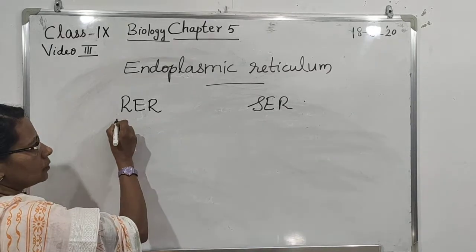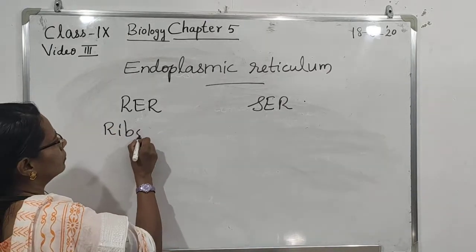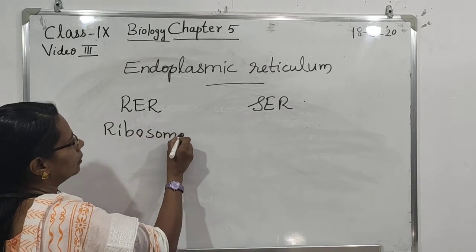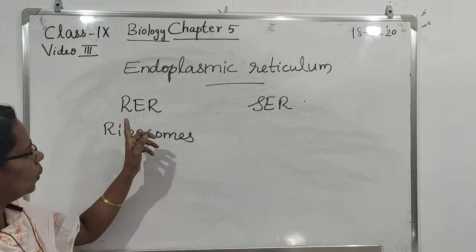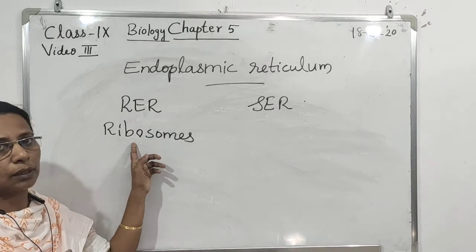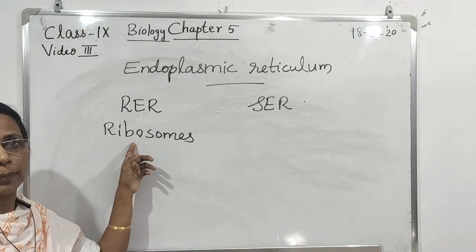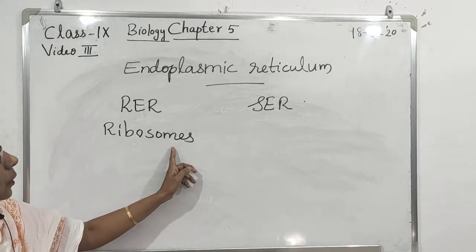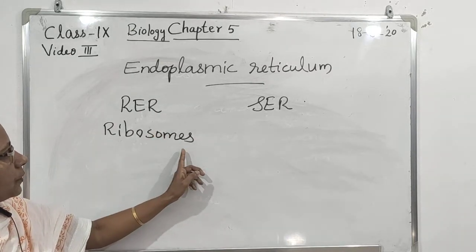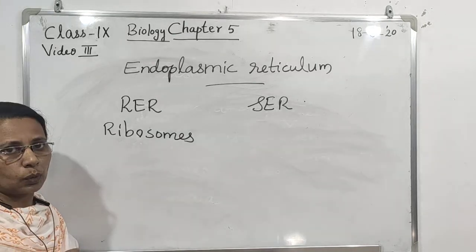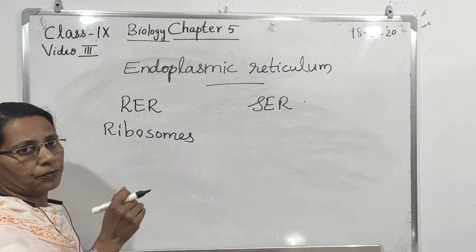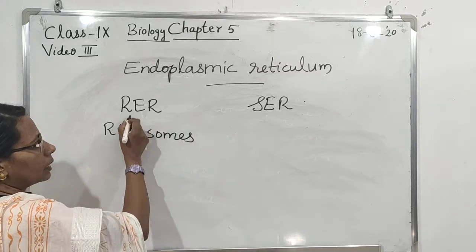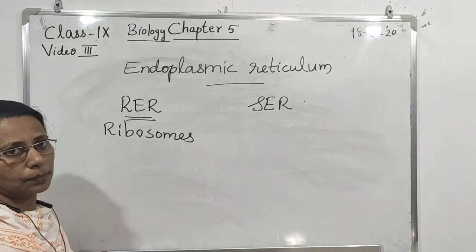The presence of ribosomes makes the endoplasmic reticulum look rough, and that is called rough endoplasmic reticulum.